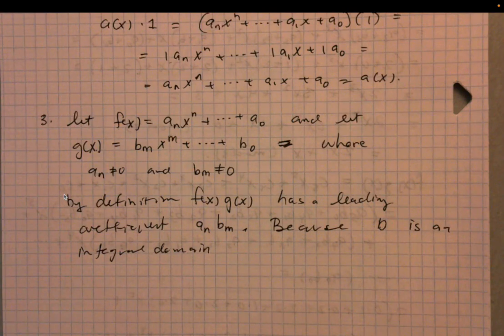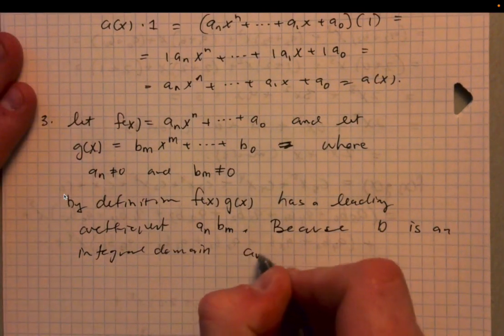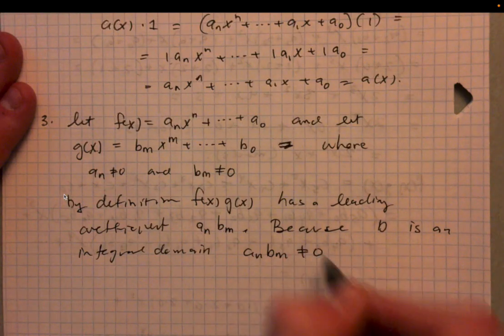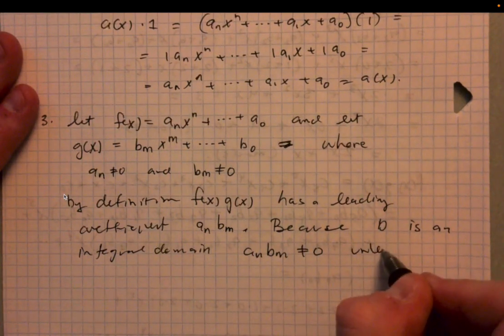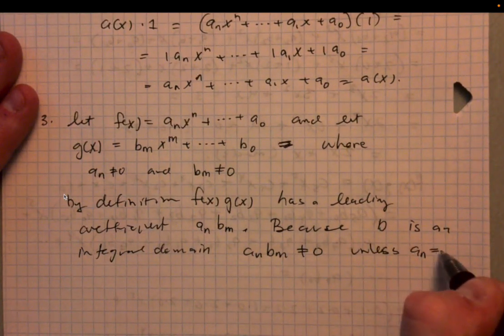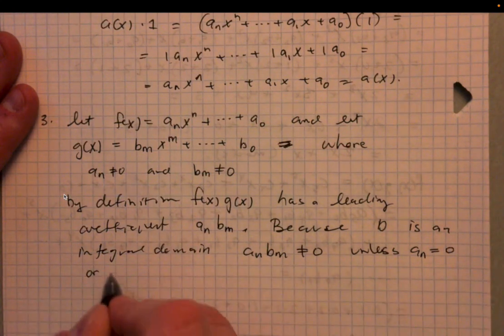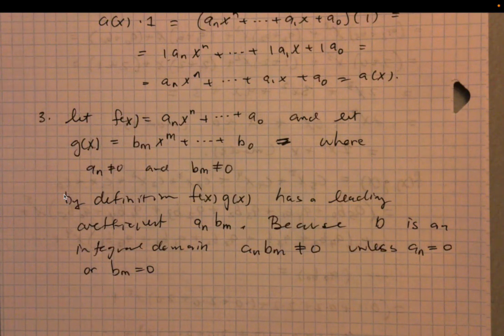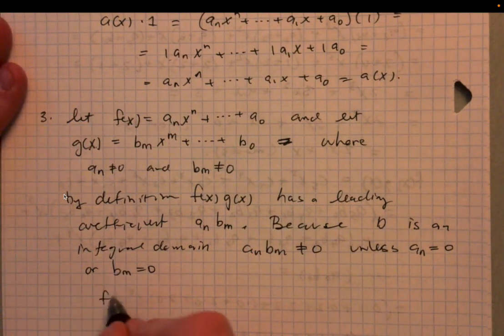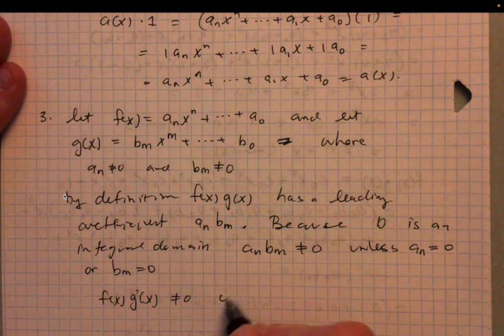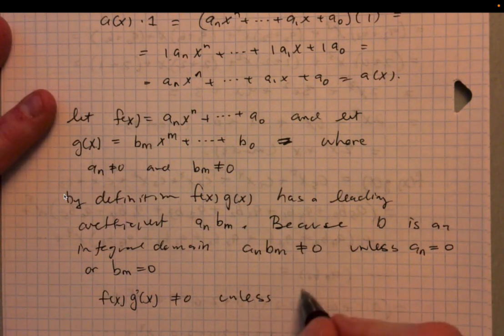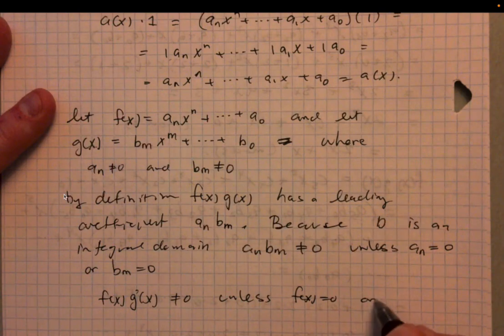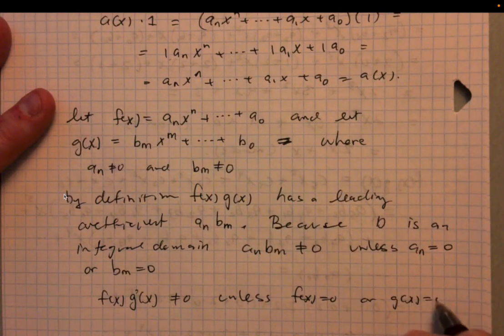Because D is an integral domain, a sub n, b sub m is not equal to 0 unless a sub n equals 0 or b sub m equals 0, right? And so that's going to extend to the polynomials. So f of x, g of x is not equal to 0 unless f of x equals 0 or g of x equals 0, right?